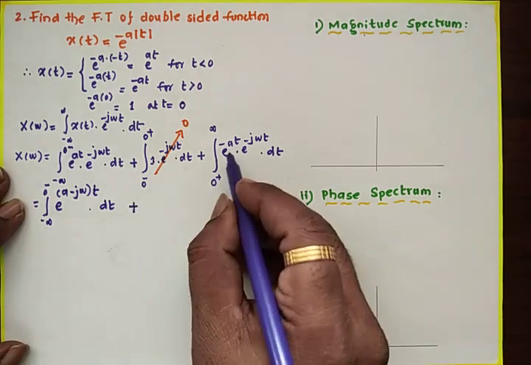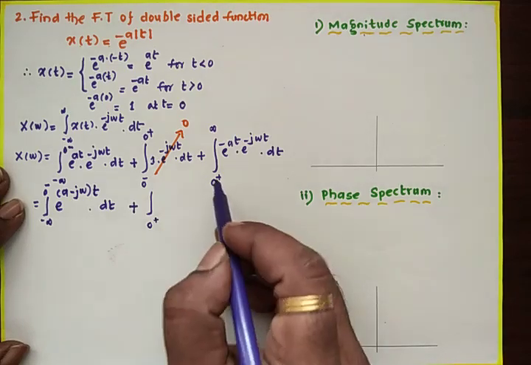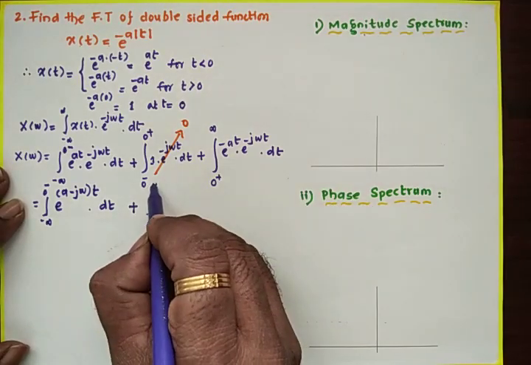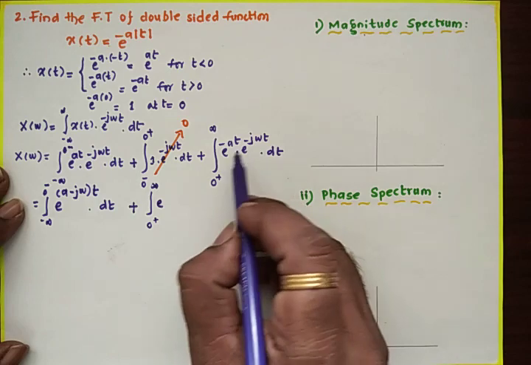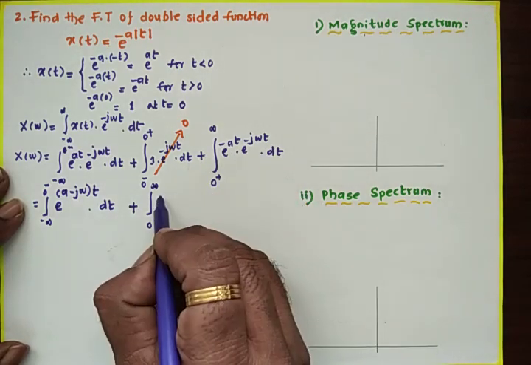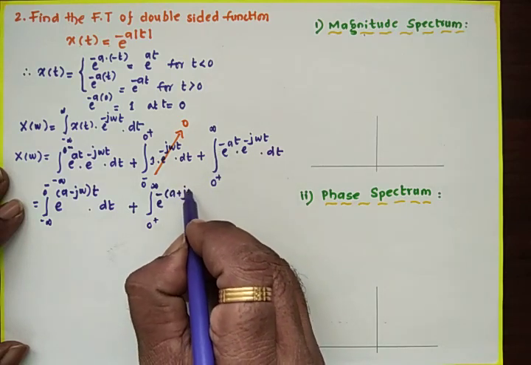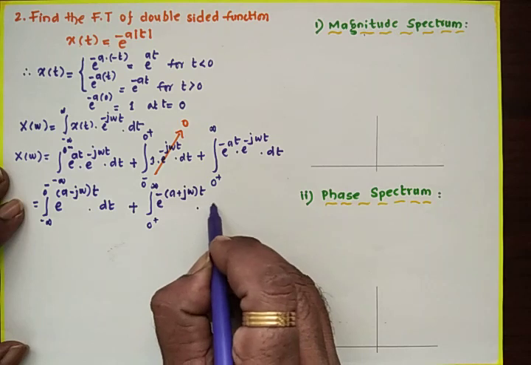And the next term is what? It is the integral from 0 plus to infinity of e to the power of, and here also the bases are the same, so we can add the powers, minus is common, so a plus j omega t into dt.